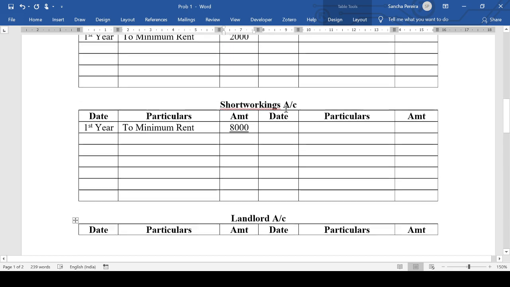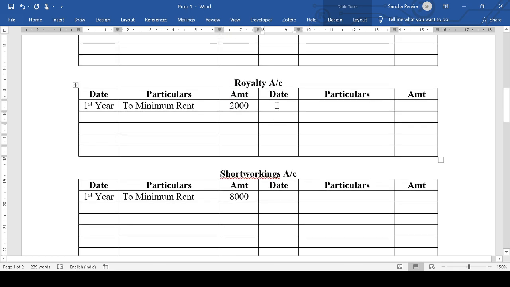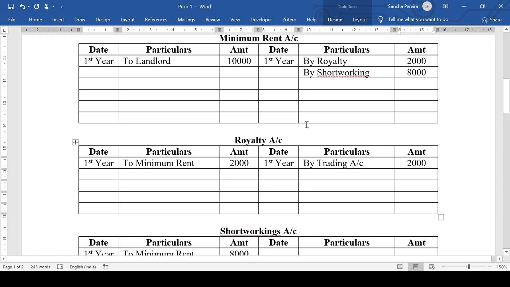So in the royalty account, it will be by trading. Yes, so we are done with the set for the first year.